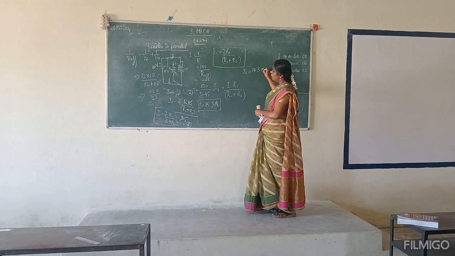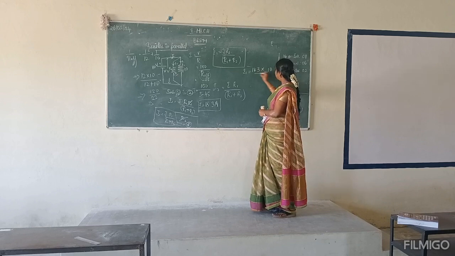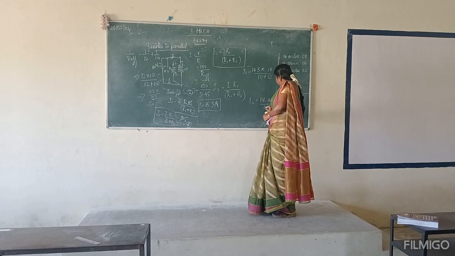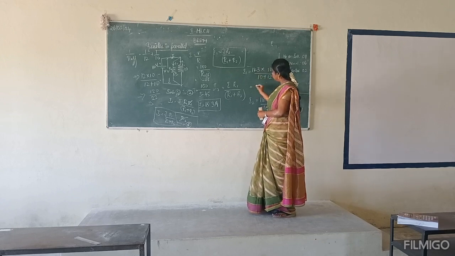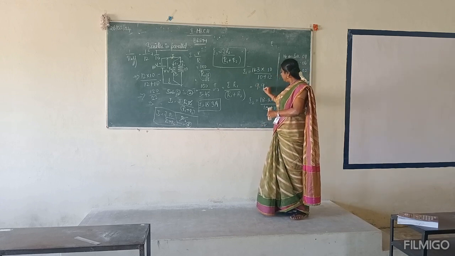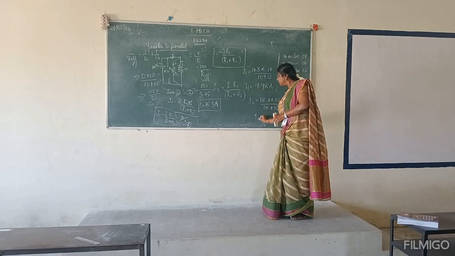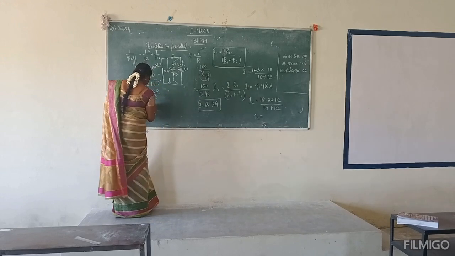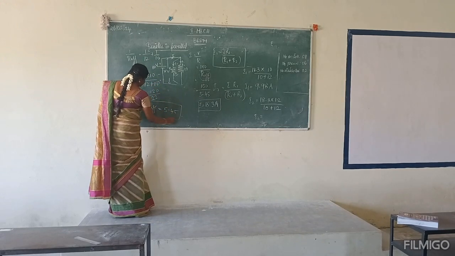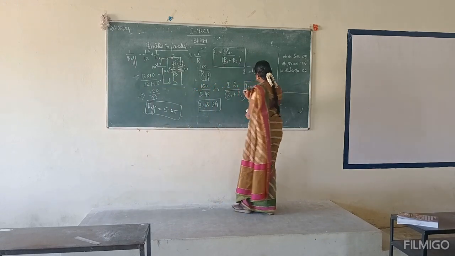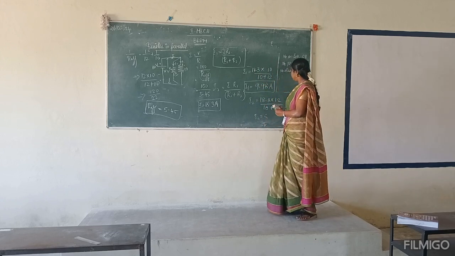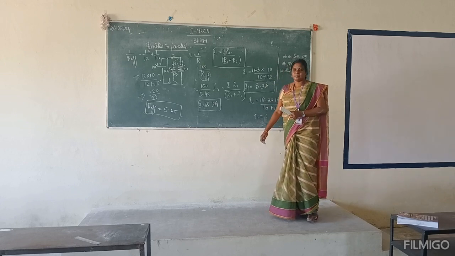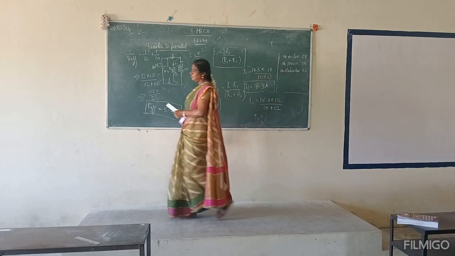I1 is 18.3 into R2, which is 10, divided by 10 plus 12. I2 is 18.3 into 12 divided by 22.